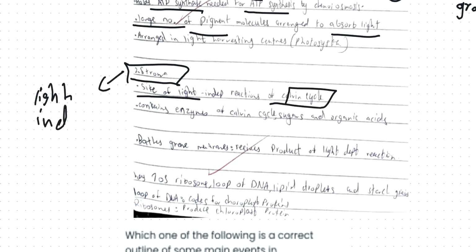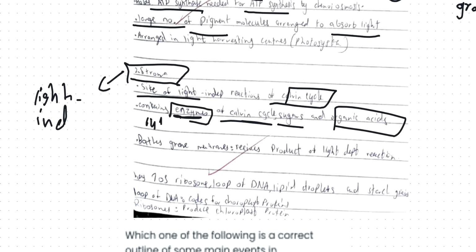You have in this stroma the enzymes needed for the Calvin cycle. You have sugars and organic acids present as well. Because of this, you will have the enzymes and the ribulose bisphosphate, all of that present in the stroma.